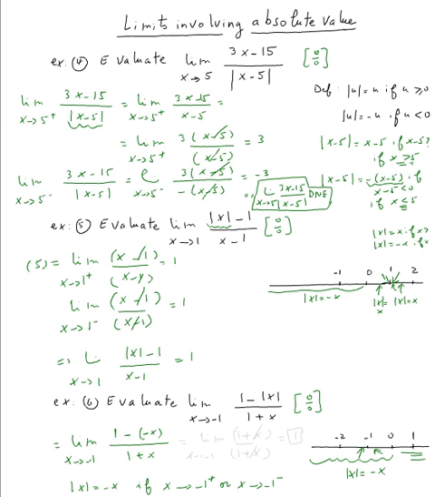It's always going to be negative x. So this is equal to the limit of (1 minus (negative x)), which is (1 plus x), over 1 plus x as x approaches negative 1. If you simplify this, you're still going to get 1. Alright, and that's it for these examples.